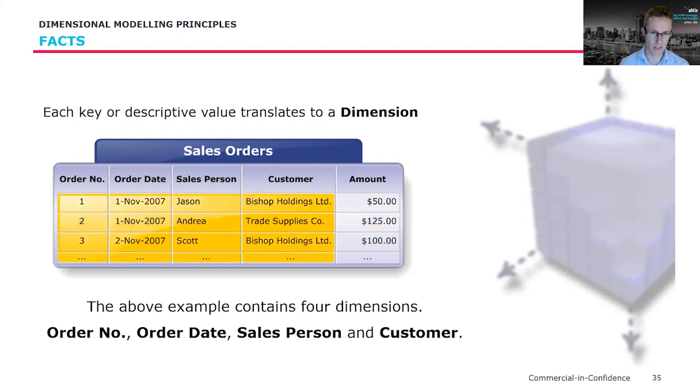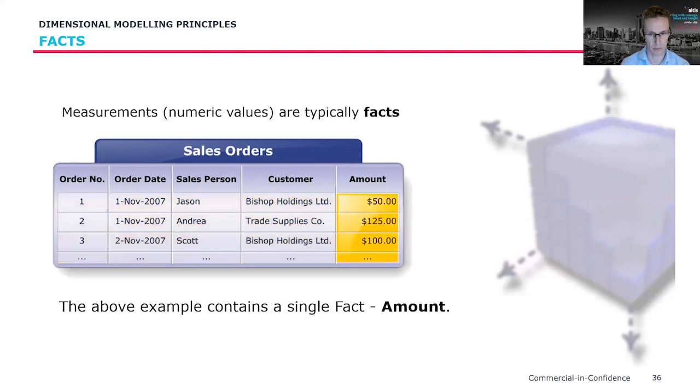So if we look at this operational source system table, we can see that these columns could be defined as dimensions. There are ways to slice and dice and analyze our numerical values, which in this case is the dollar amounts, which is what would be a fact in this particular scenario.